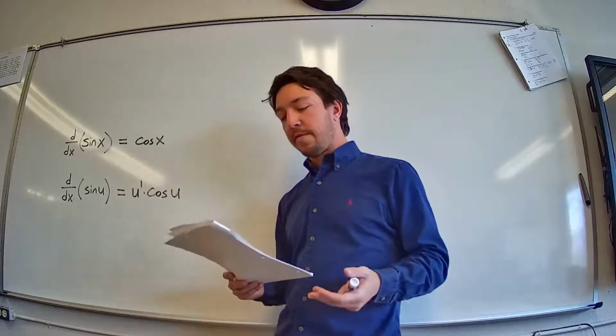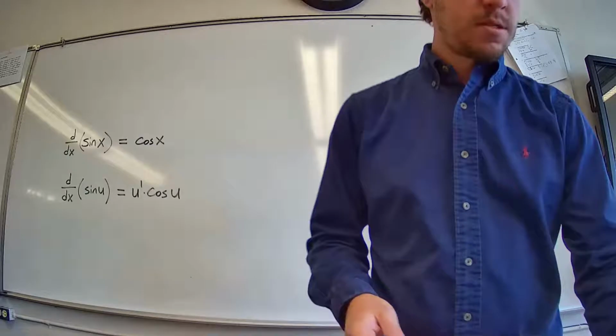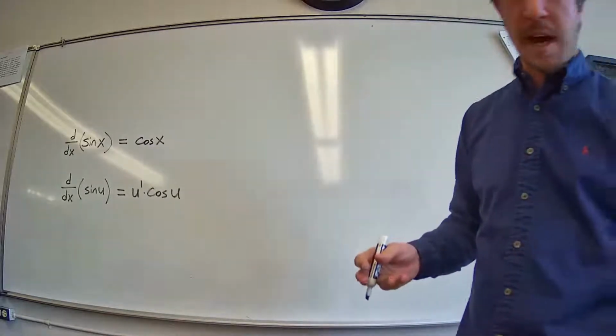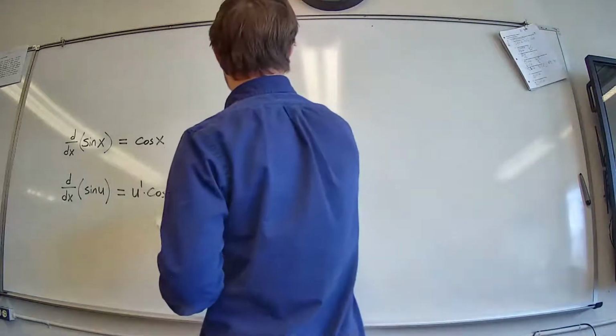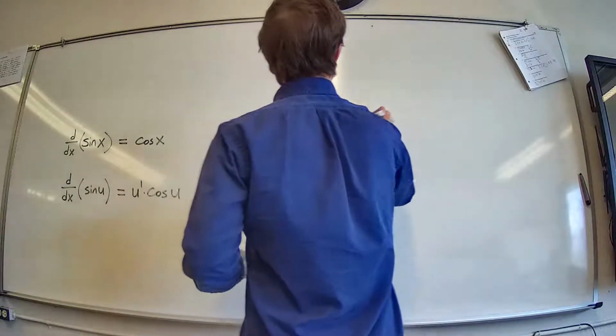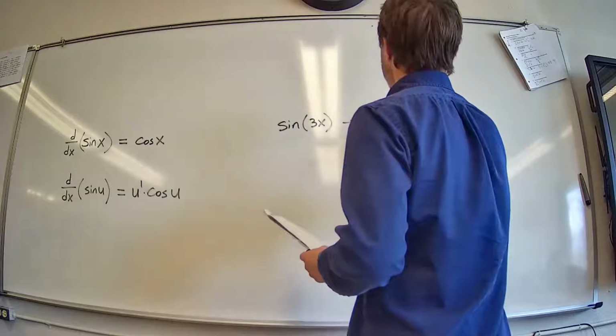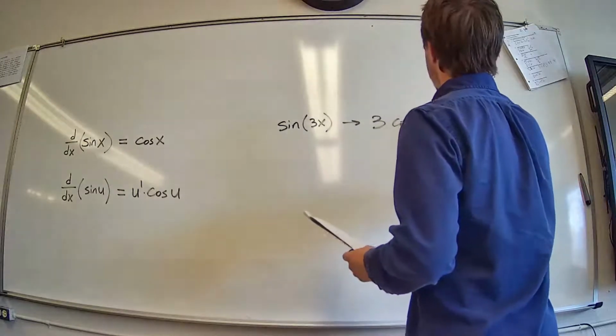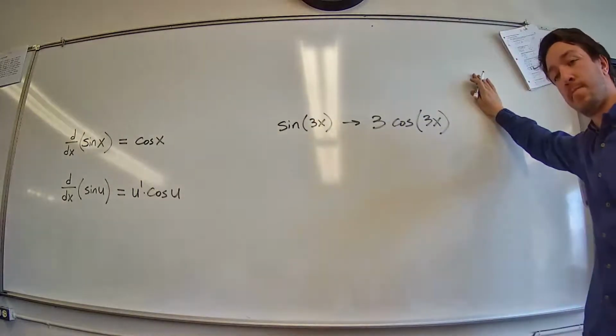What's the derivative of sine of 3x? Cosine of 3x times 3, so that's u prime times cosine of u.